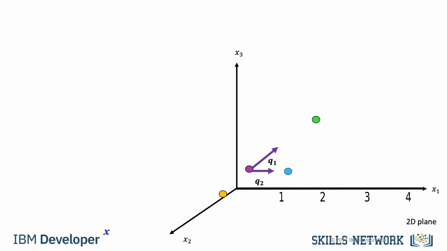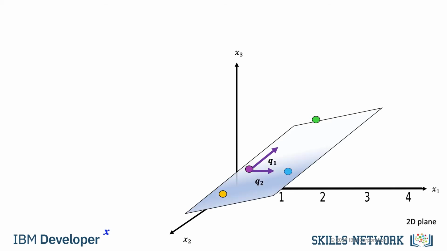We can extend the idea to more dimensions. Let's do a 3-dimensional case with 2 vectors. We assume the data points or feature vectors can be represented as a combination of q1 and q2. As a result, all the data points must fall on the following plane. Like the previous example, we assume that there is some noise that offsets the data from the plane. Finally, we have q3, perpendicular.